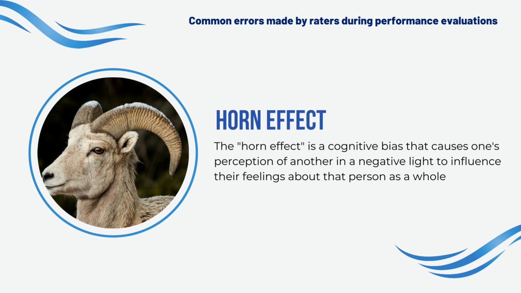So essentially, this means that if you have one negative trait or characteristic about a person, you will view all the other characteristics more negatively as well. Let's say, for example, if an individual performs poorly in a certain task, their manager may associate this poor performance with their overall capability and judge them as being generally incompetent or unfit even if they excel in other areas. This will negatively skew judgment and can affect their performance appraisal and other work-related outcomes.